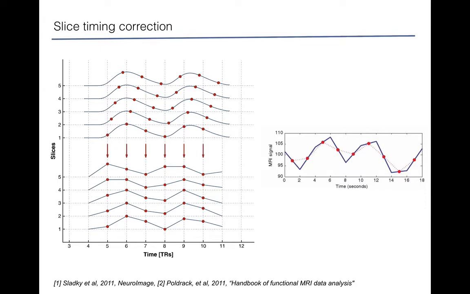So it really depends on the goals of this study and the scanning parameters, whether you want to include the slice timing correction in your pre-processing steps or not. You have to actually think about it, based on your data acquisition parameters and again the goals of your study.